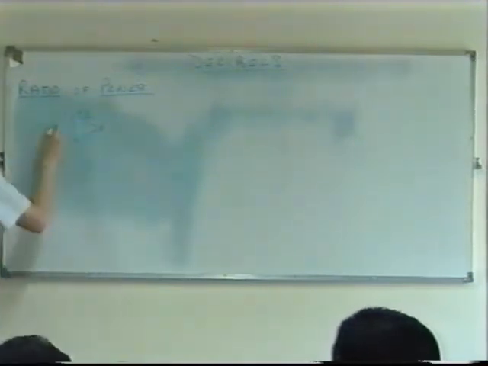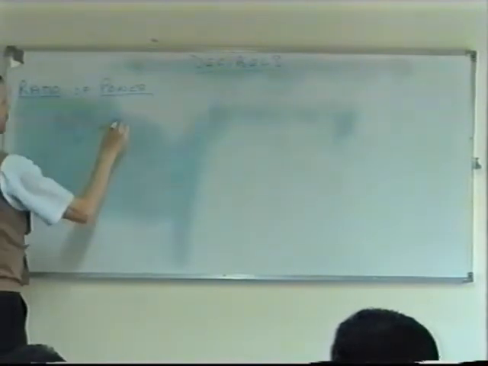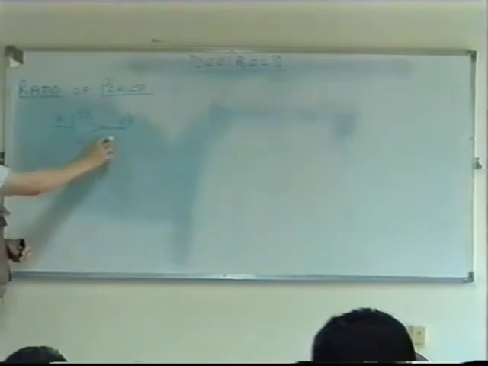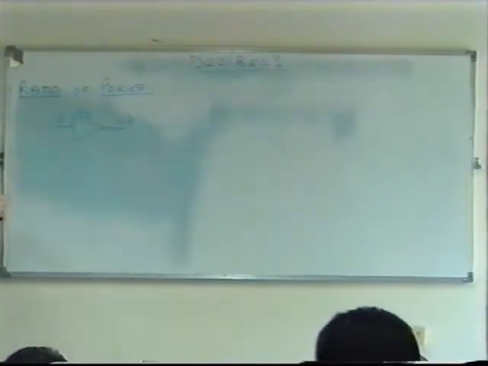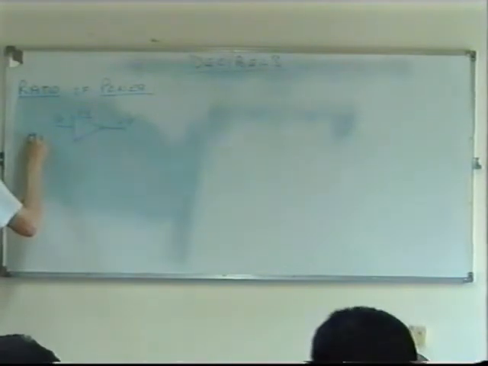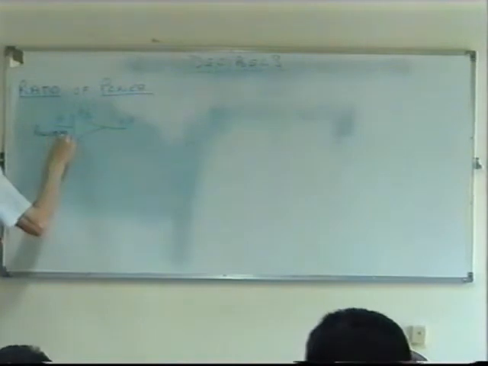I have an input and an output. I can measure the power going in and I can measure the power coming out, can't I? Assuming I have all the information. So we'll say power in and power out.